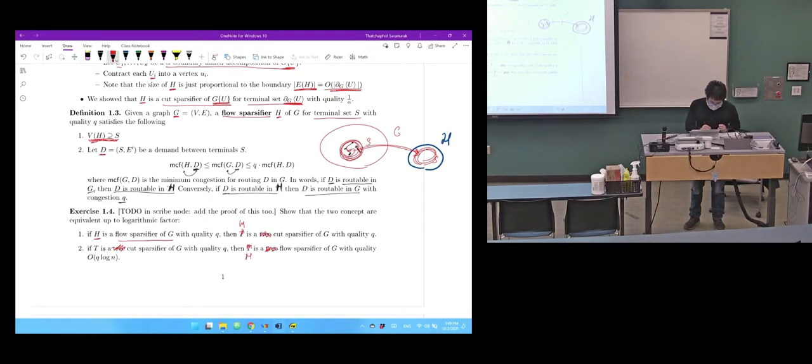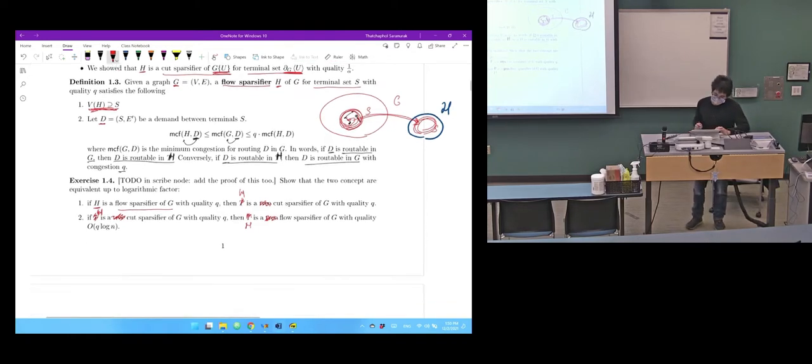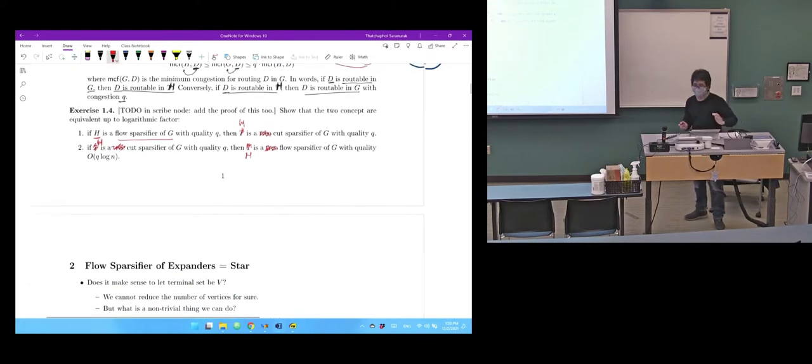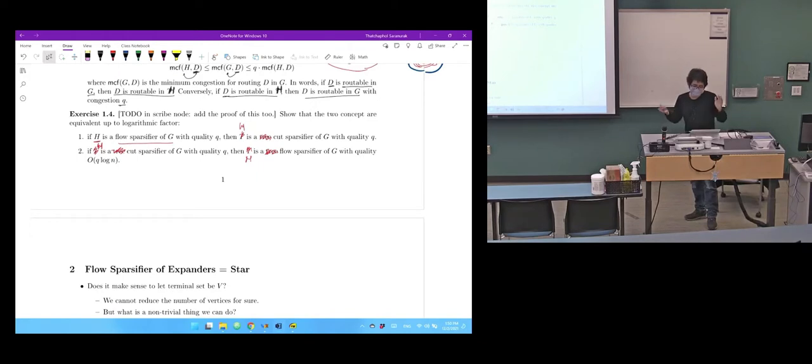And if H is a cut sparsifier with quality Q, then H is also a flow sparsifier, but with quality worse by a log n factor. We can try to prove this, or we do it tomorrow. But I think this is quite believable now, right? Since we have seen a lot of equivalence between flow and cut.